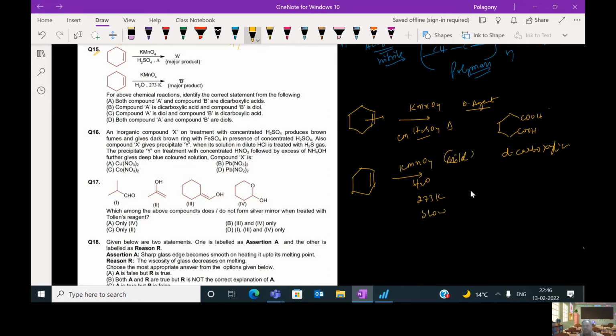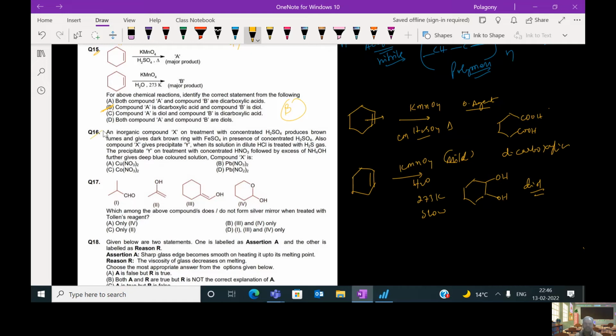The oxidation takes place at the double bond, and it can form a 1,2-diol compound. So the most appropriate answer is B: compound A is dicarboxylic acid and compound B is diol.